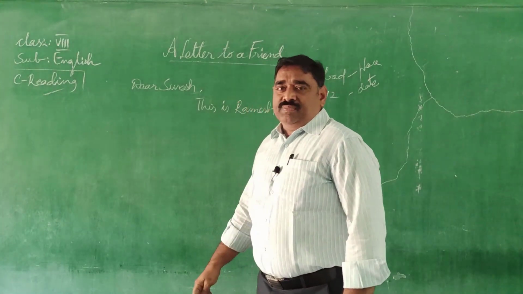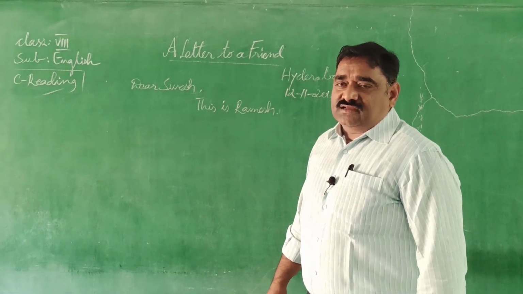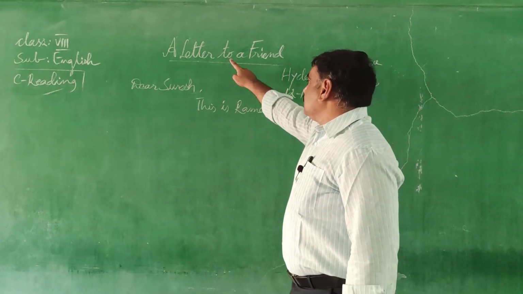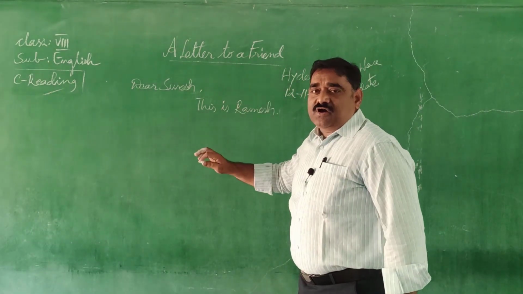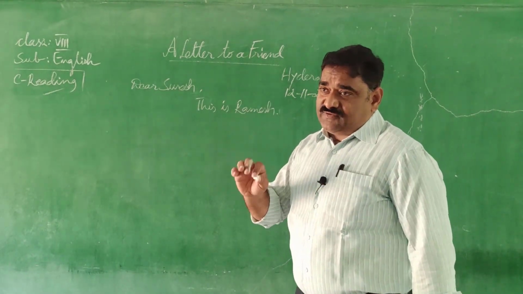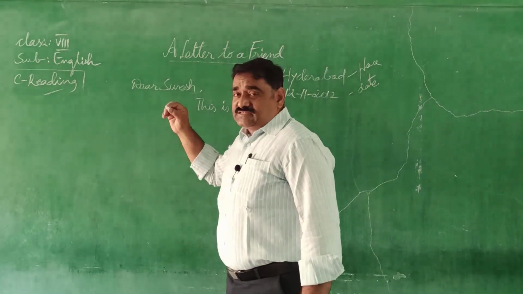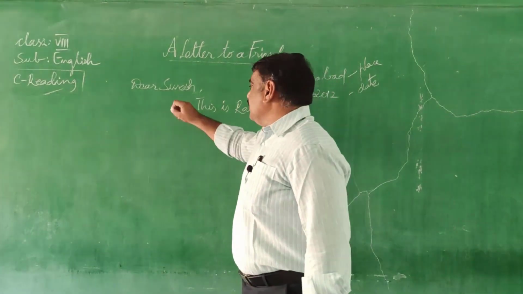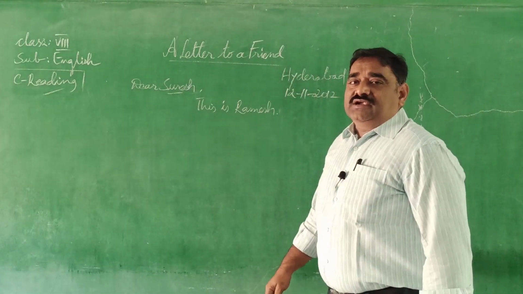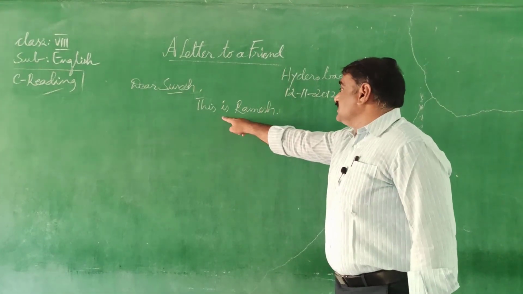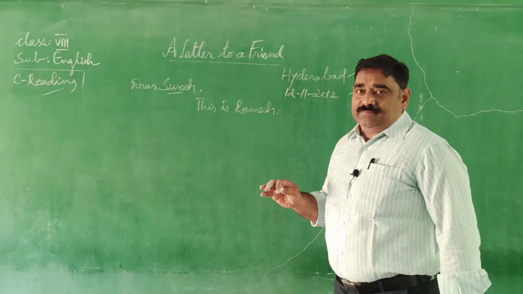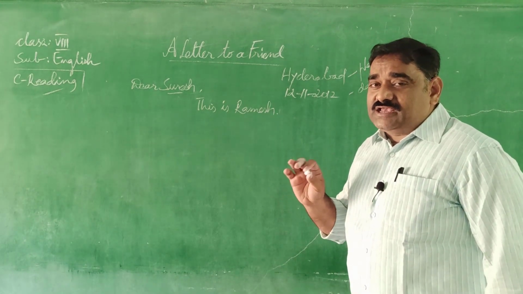Now come to this side. Dear Suresh. I told you earlier, it's a greeting, a salutation. In a letter to a friend, an informal letter, the person who wrote this letter directly mentions his friend's name. Dear Suresh, this is Ramesh. Now it is clear. Who wrote the letter? Ramesh wrote the letter.